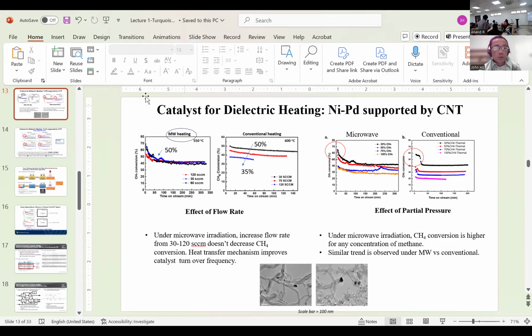So what's the difference between the microwave heating? Flow rate means how fast you flow the molecule into the reactor. If you change the flow rate, you find out microwave conversion doesn't decrease, but if you increase the flow rate, the conventional heating conversion decreases.